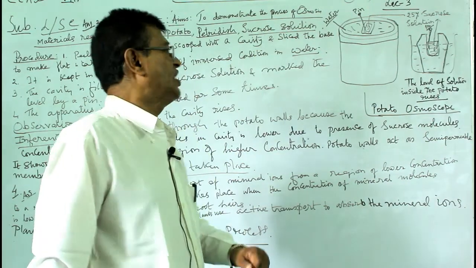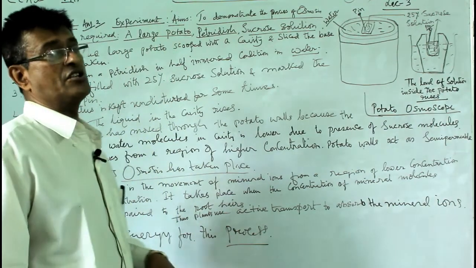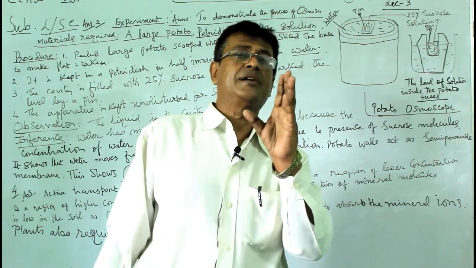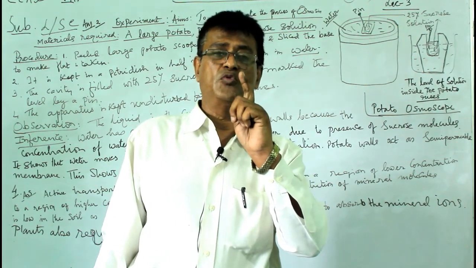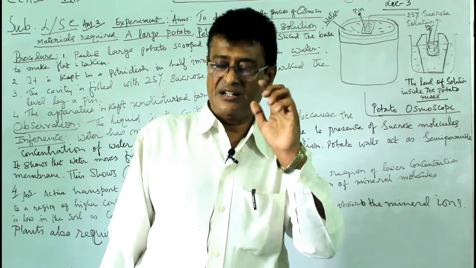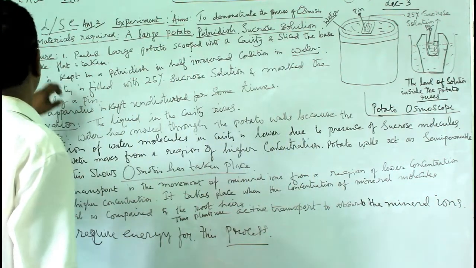The sucrose solution should be 25% sucrose solution. How do you make 25% sucrose solution? 100 grams of sugar will be dissolved in 1 kg of water, and then you take out the 25%. Well, the procedure.